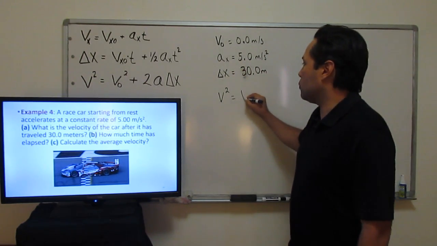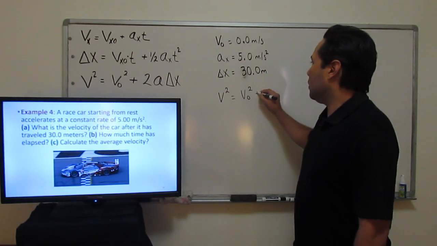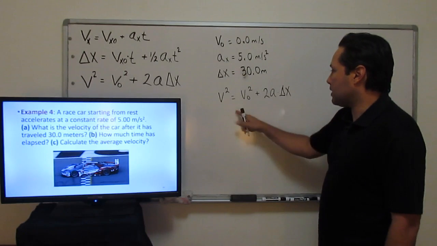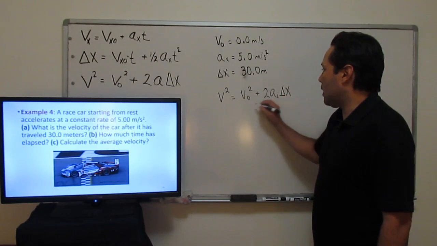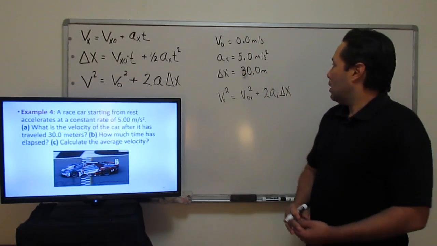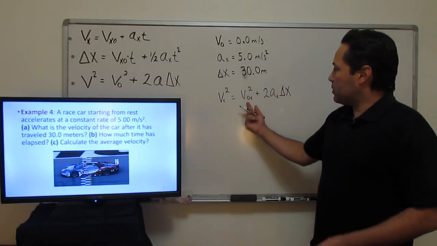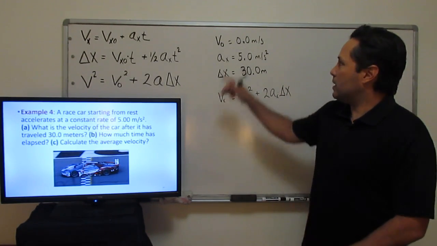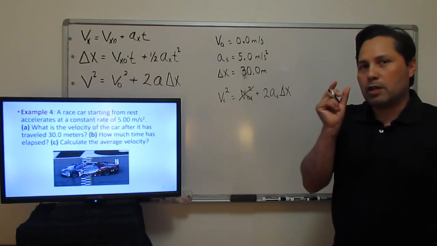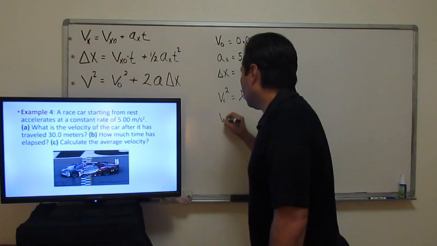V squared equals Vo squared plus 2 times a times change in displacement on the x-axis. All of these are on the x-axis. Now, this Vo has a value of 0, so we can make the formula a little bit smaller.